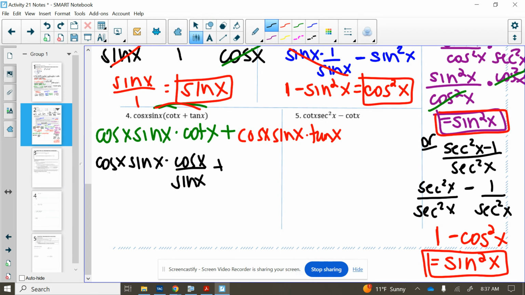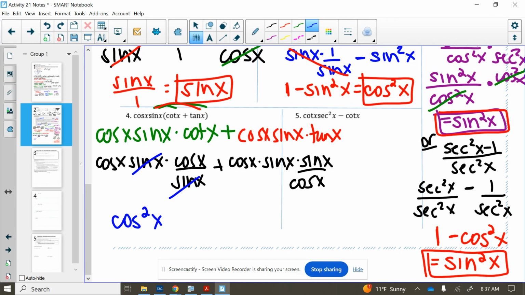And then same thing in part 2, we have cosine x times sine of x, tangent is sine over cosine. So in this first part, we have a sine that can cancel with each other. So now we just have cosine times cosine, which is cosine squared. In the second part, we have a cosine and a cosine that can cancel. So we are just left with sine squared. And then sine squared plus cosine squared is the Pythagorean identity. We know that equals 1.